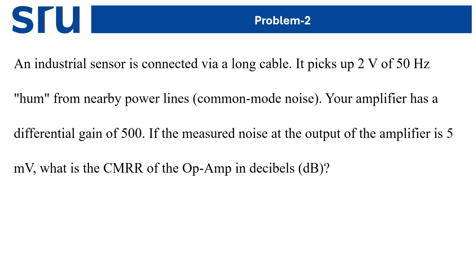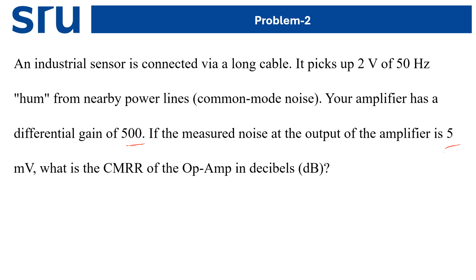Then it is saying that the amplifier has a differential gain of 500, right? Now, if the measured noise at the output of the amplifier is 5 millivolt, what is the CMRR of the op amp in decibels, right?